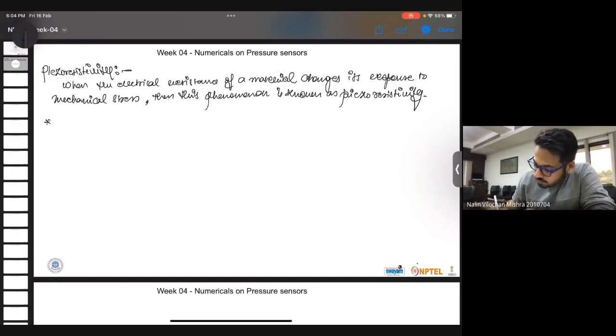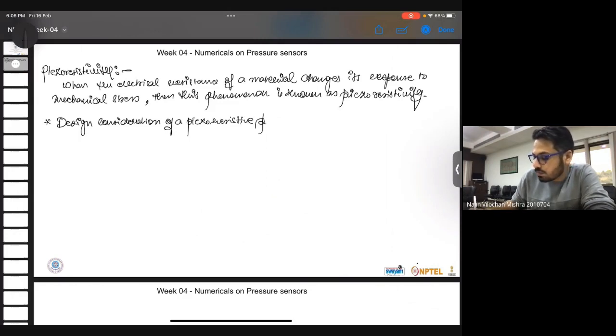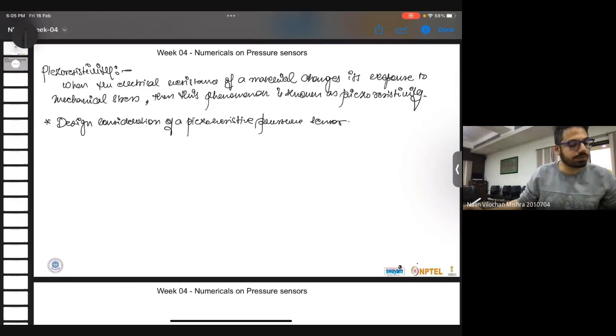Okay, so we will discuss some design constraints. So, design considerations of a piezoresistive pressure sensor.